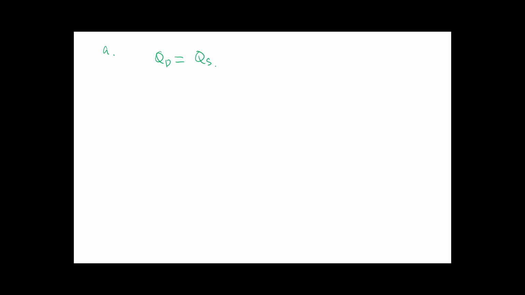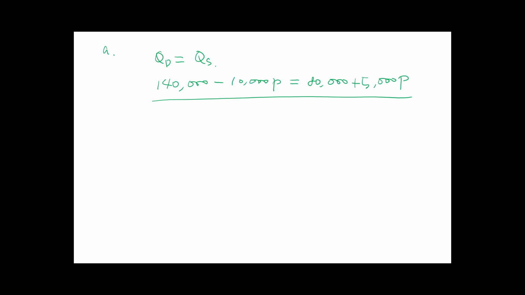So by equating quantity demanded, 140,000 minus 10,000P, and quantity supplied, 80,000 plus 5,000P, you have one equation for one unknown variable, which is price per box. So you can solve it here, right?